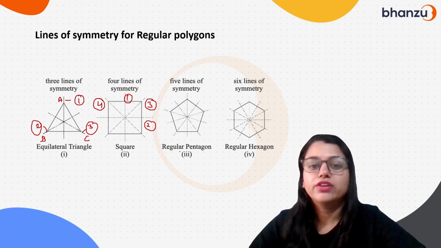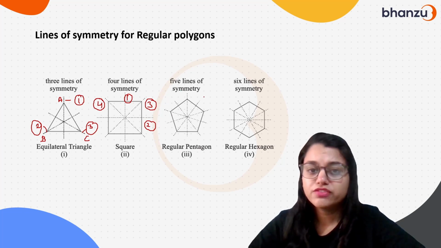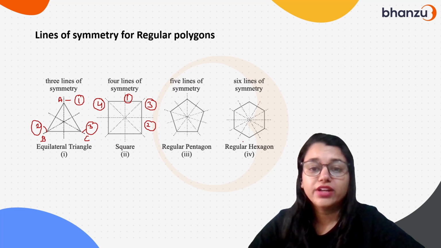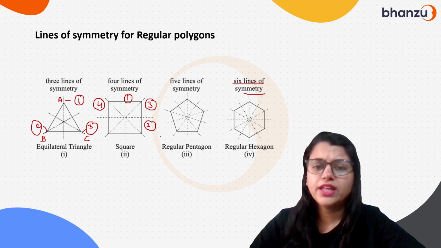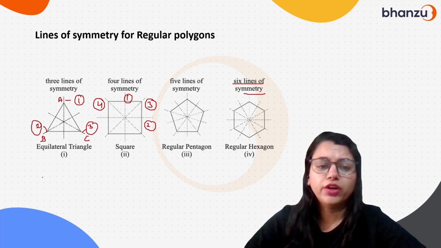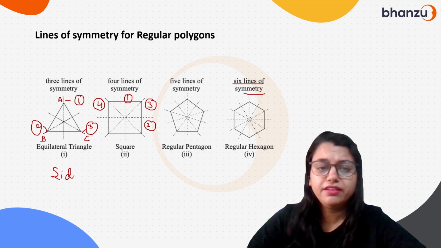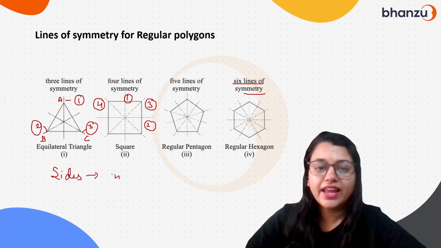Similarly, in the case of a regular pentagon, we have 5 lines of symmetry, and in the case of a regular hexagon, we have 6 lines of symmetry. So can we conclude that if we have a regular polygon of n sides, the number of lines of symmetry of that regular polygon will also be n, right?